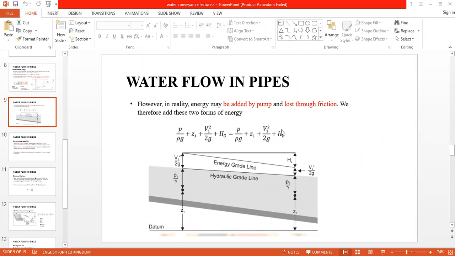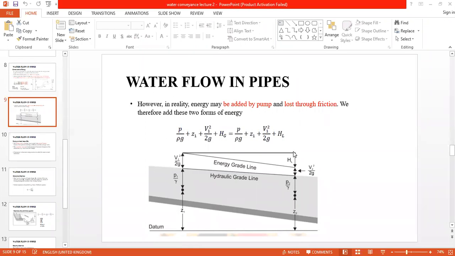But that energy is not lost out, it's still within the system, but it has just changed from one form, either the pressure, the elevation, or kinetic energy, to this other form of energy, which we are going to call the head loss, which is basically the energy loss. But in the end, the total energy at point 1 will be equal to the total energy at point 2.